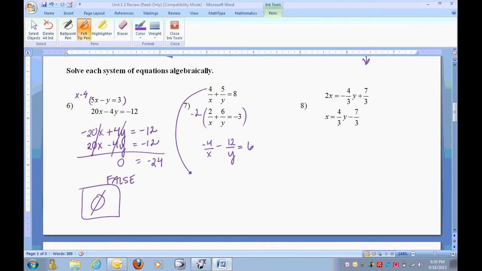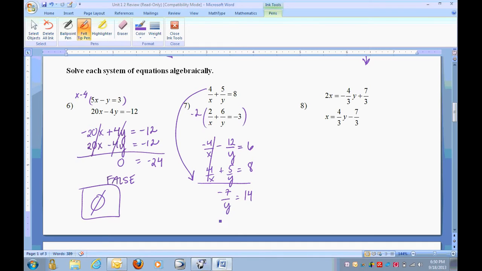And then I can bring down my top equation of 4x plus 5y equals 8. What happens here is these x's get eliminated, and you end up with negative 7 over y equals 14.